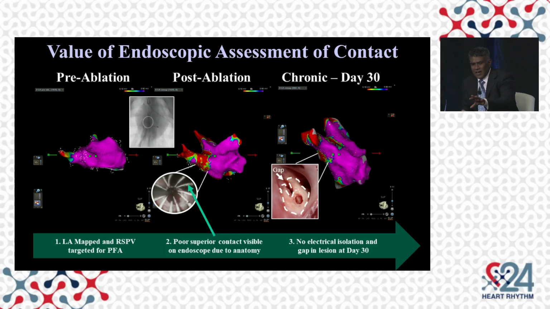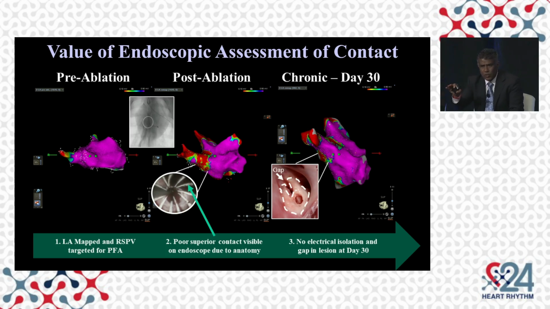This is a slide, and I'm going to take you with the first image on the left, which is us looking down on the left atrium with the right superior vein to, I guess, to the right. And what you see is a normal healthy vein. We make a lesion, and if you look at the endoscopic view there, you see that patch of blood, which is an area of poor contact.